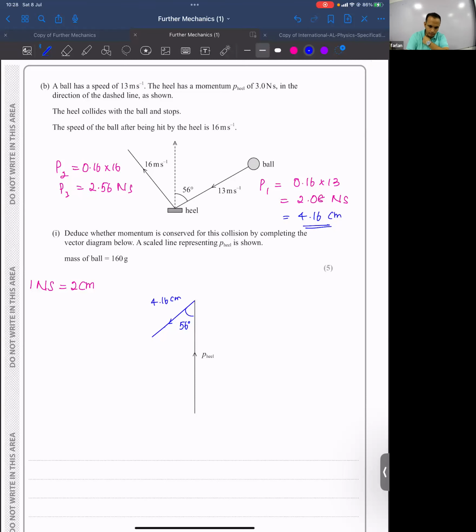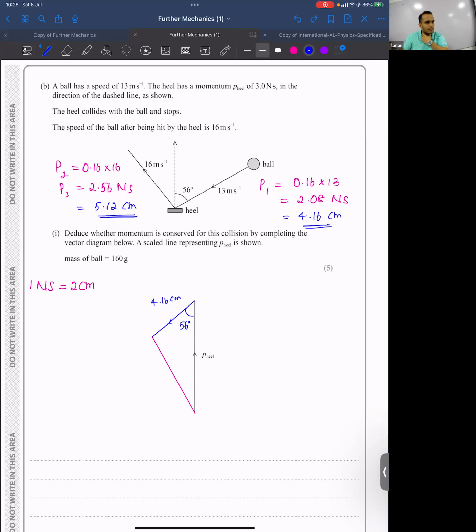And then I will connect these 2 points. And this 2.56 Newton seconds should be how many centimeters? 5.12 centimeters, right? So I will connect these 2 points and measure this length and see if it is anything close to 5.12 centimeters.